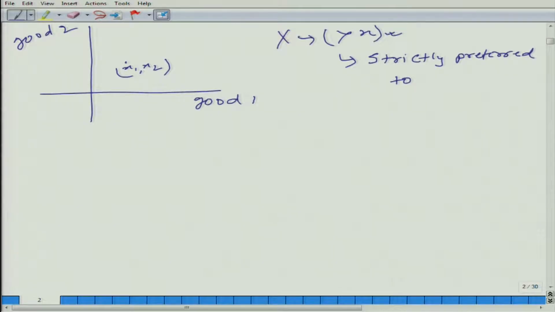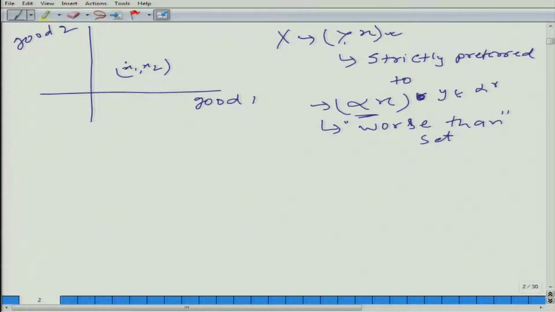Fine. The second one is, this symbol is nothing but the reverse of this symbol, and what does this mean? This is worse than. Take any element in this set, we can call it the worse than set. Of course, this is not a very good name, but just to understand: if we take any element y that belongs to this set, what would we get? You strictly prefer x in comparison to y.